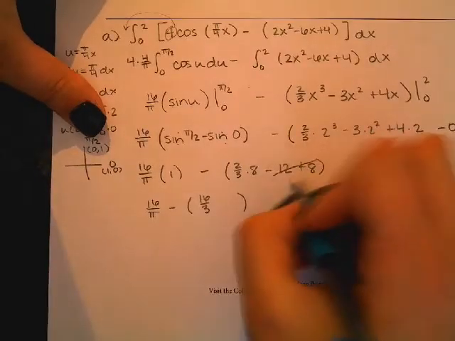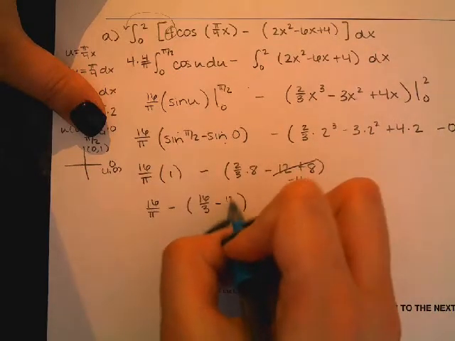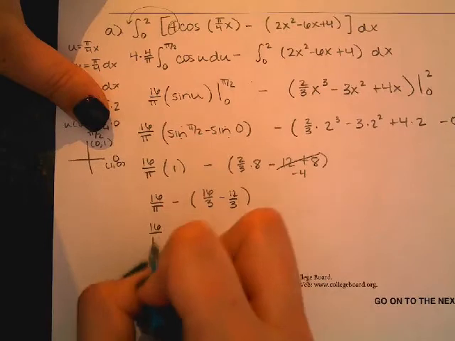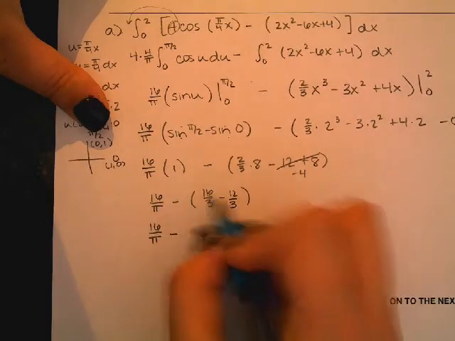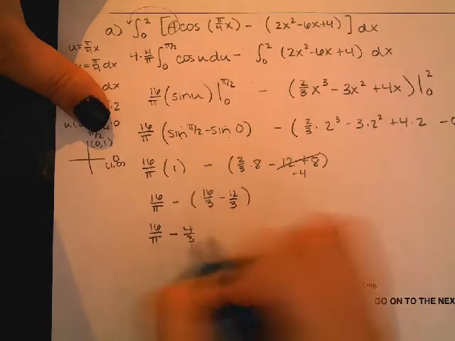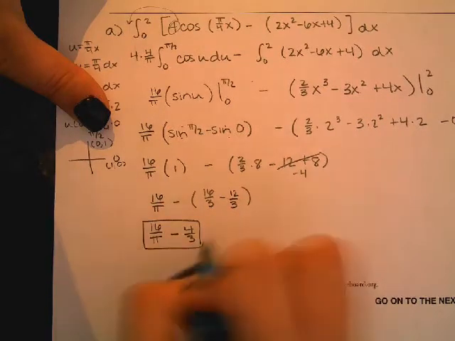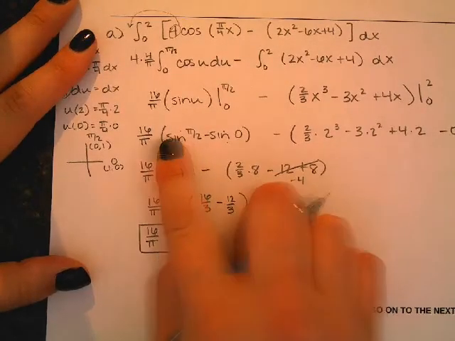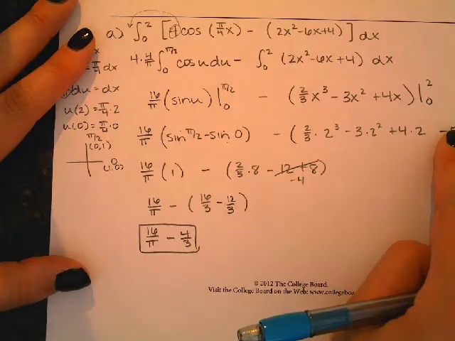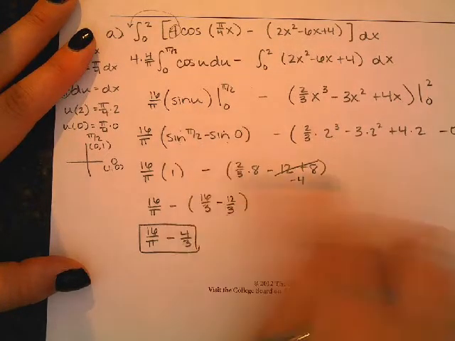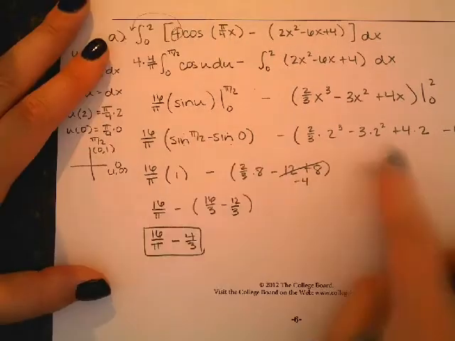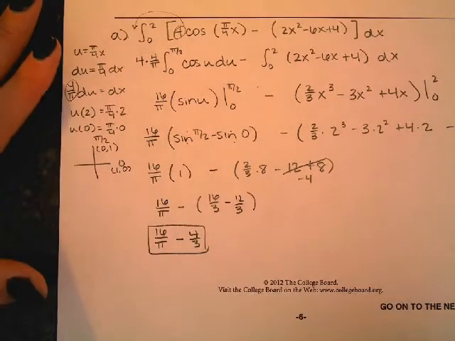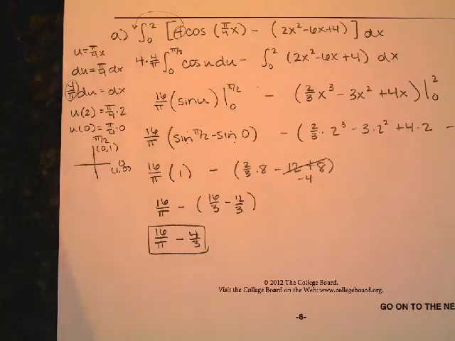So this is minus 4, that's minus 12 thirds. So we've got 16 over pi minus 6 minus 12 is 4, minus 4 thirds. Now, just remember, you should have been able to leave it probably right here, or maybe evaluate these. Okay, so that's the answer for part A.